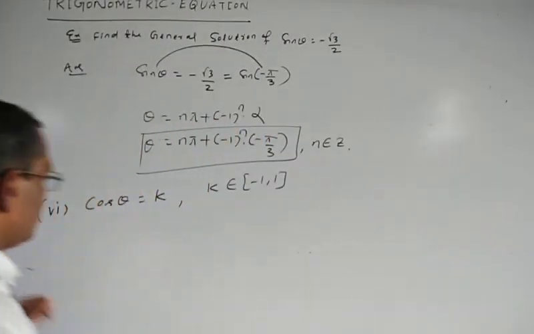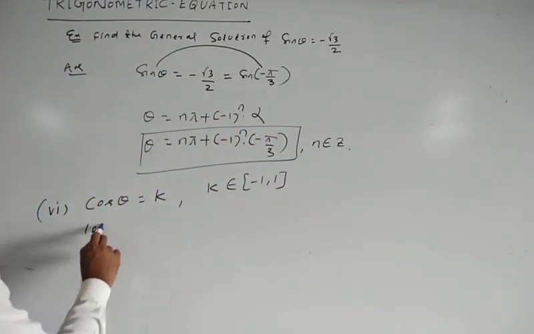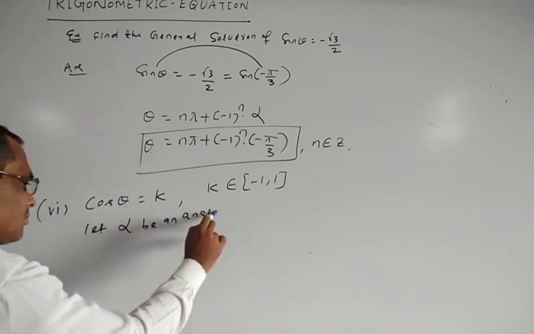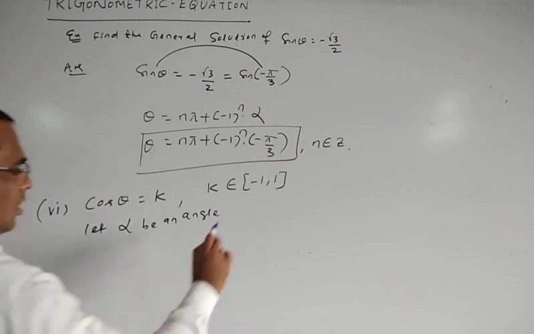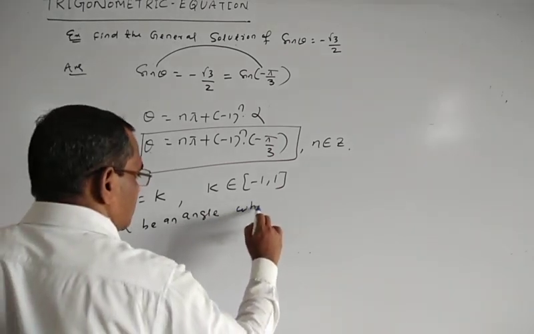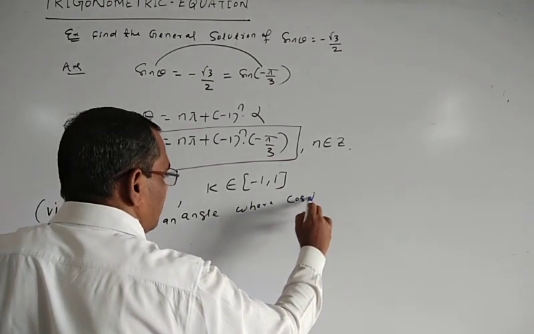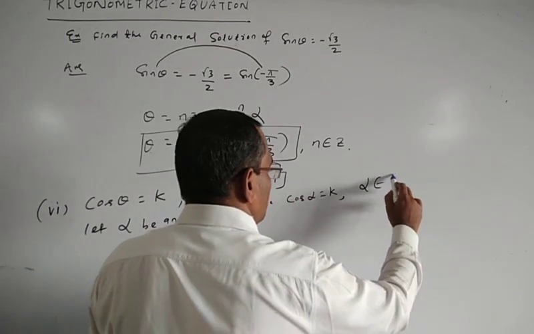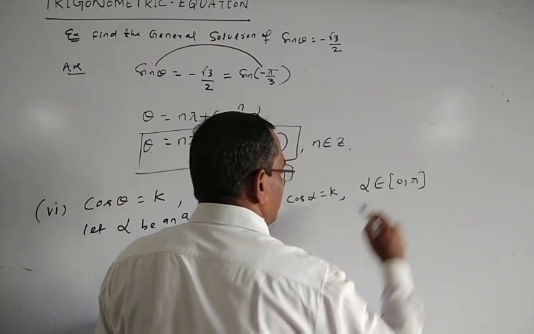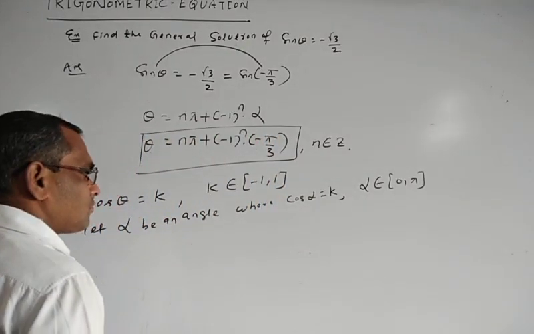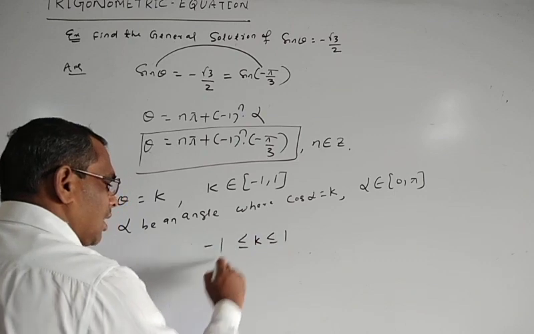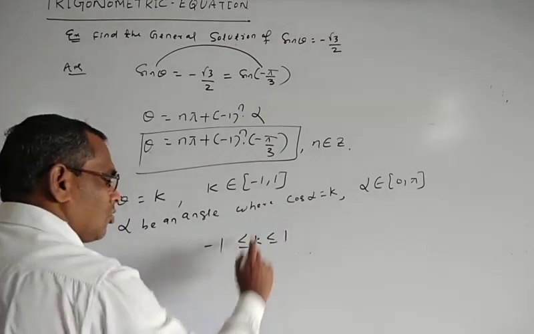So let alpha be an angle where cos alpha is equal to k, alpha belongs to the closed interval 0 to pi. Because you know k is less than or equal to 1 and greater than or equal to minus 1, so k means cos alpha.